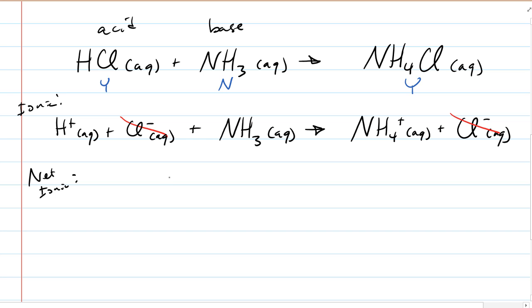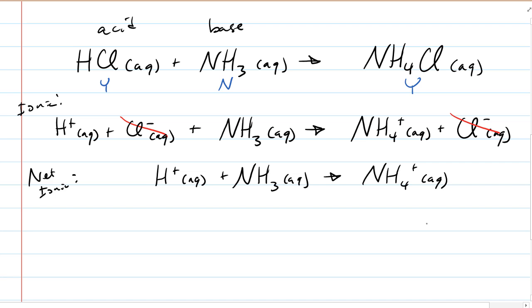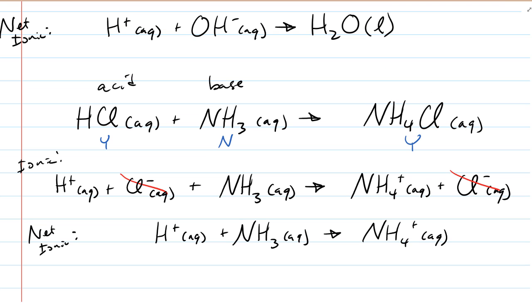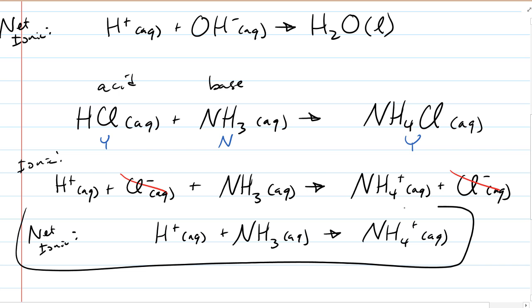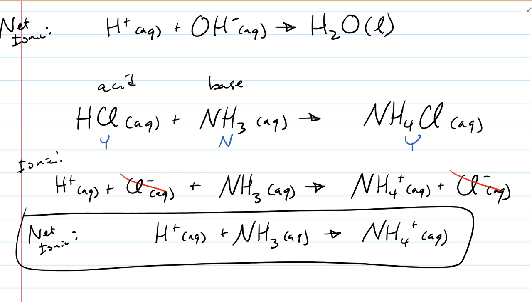We say that hydrogen ions combine with ammonia to yield the ammonium ions. And the spectator ions in this case would have been chloride. Chloride ions are the spectators.